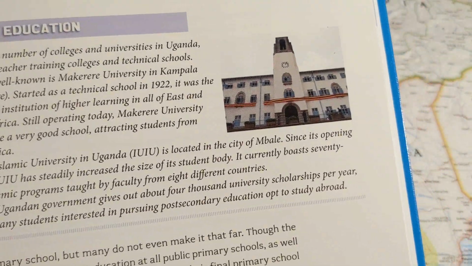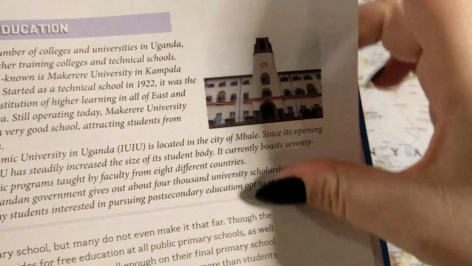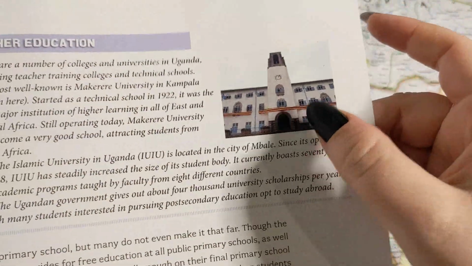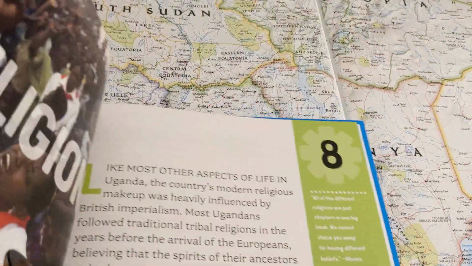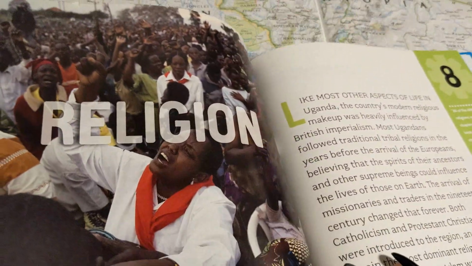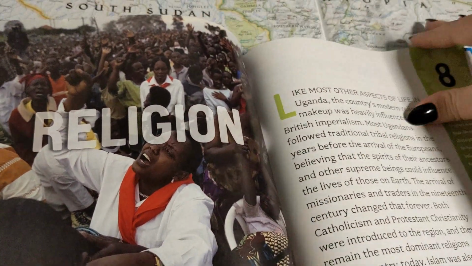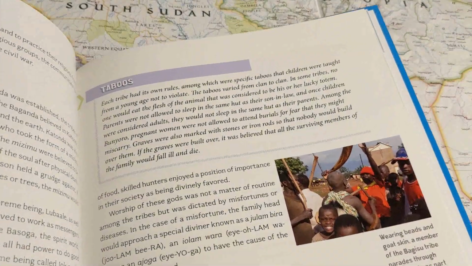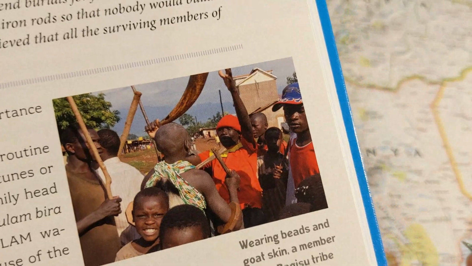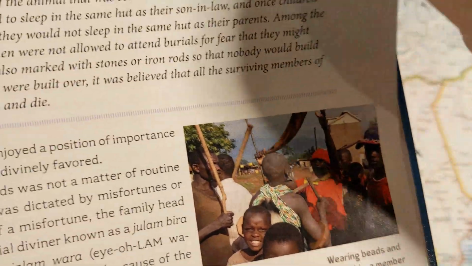And let's see. This is Makerere University in Kampala. Probably the biggest university in Uganda. Oh, it's worship time. And let's see, this is the Bagisu tribe, it says, having a celebration.